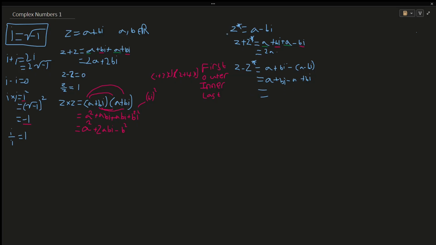Again, looking at the like terms, a minus a is 0, so we don't write anything there. And bi plus bi gives us 2bi, right? And then we can do multiplication.